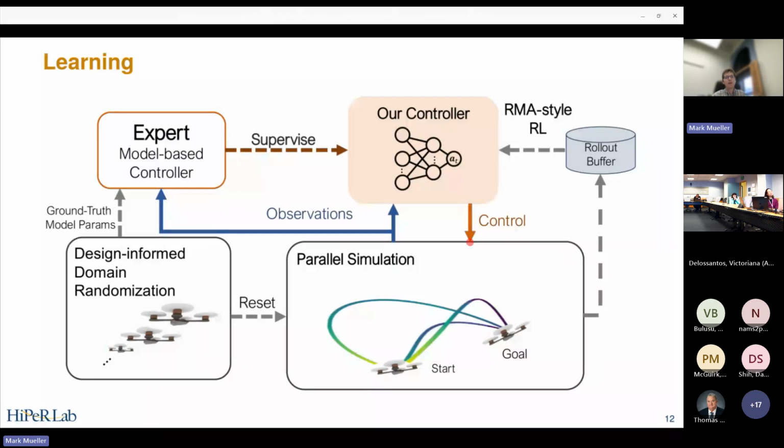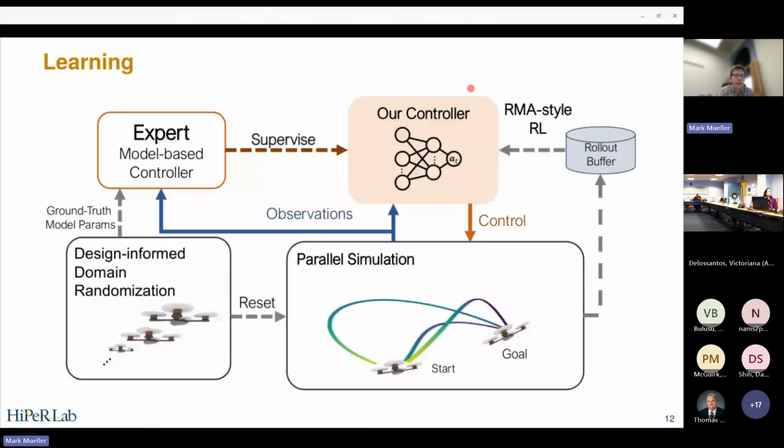And then we can learn both in a supervised learning sense, where we have the expert as the supervisor that generates expert-level inputs, as well as in classic reinforcement learning, where we're just learning to reduce the cost. As the simulation runs, we have a rollout buffer, which is really just storing a certain amount of state-action pairs that we can then evaluate against the control that we're flying.